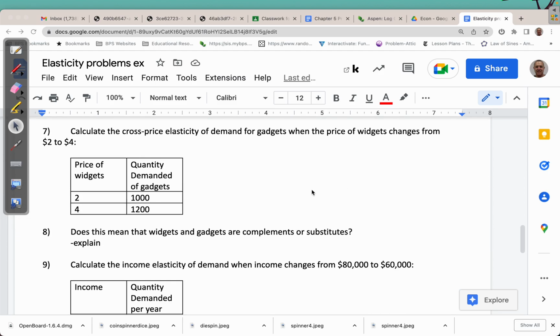All right, cross price elasticity of demand. We're going to be really careful about signs on these last 2 elasticities. We're going to be careful about which direction we subtract in. Okay, quantity. I'm going to go bottom to top. 1,200 minus 1,000, 200.